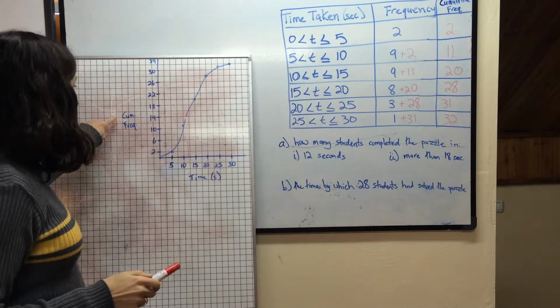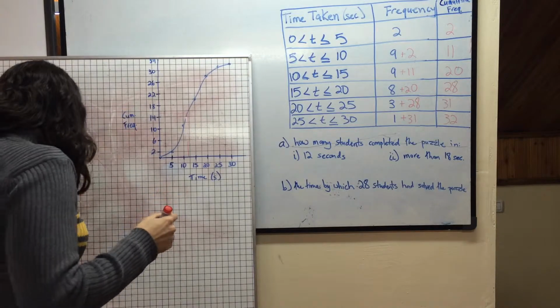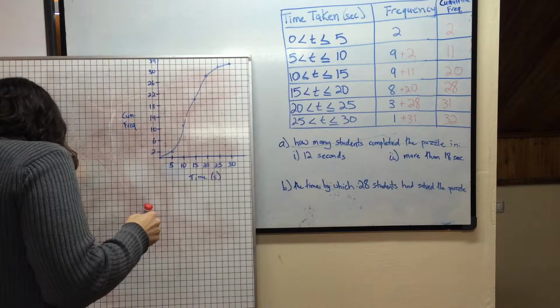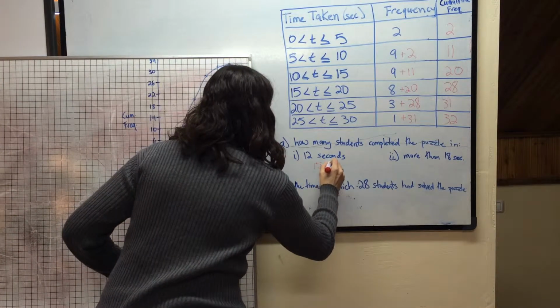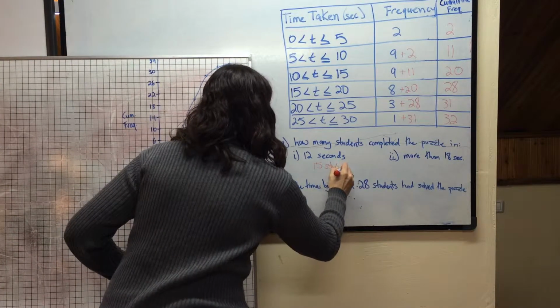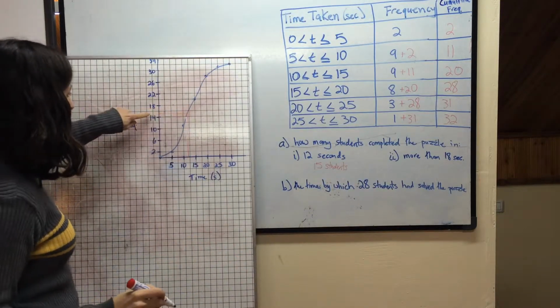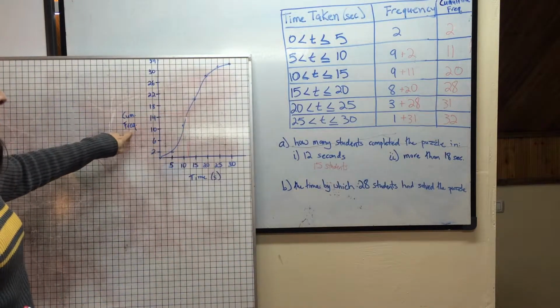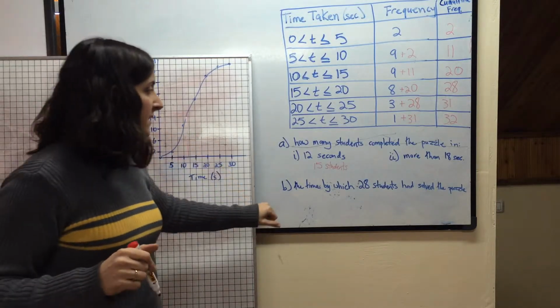That's frequency, how many students. So in this case, it hit at 15. I think the book, yes, it's amazing. Okay, so 15 students. So again, we went to 12 seconds, hit the line, and then went to the other axis to find out how many. Again, this is your time, this is how many, so just double check you're answering the question.